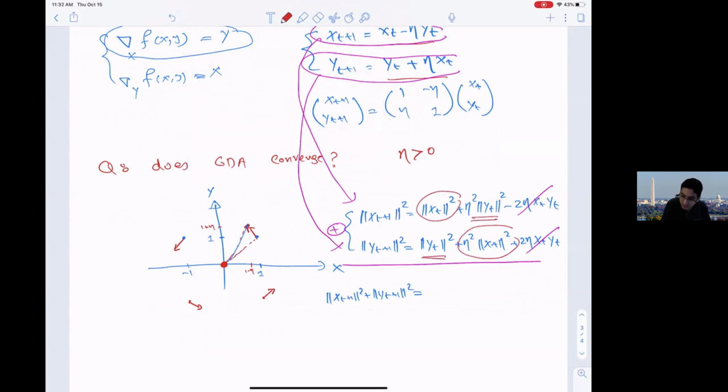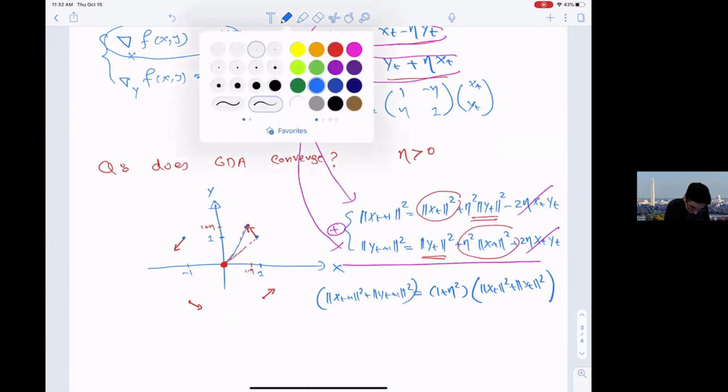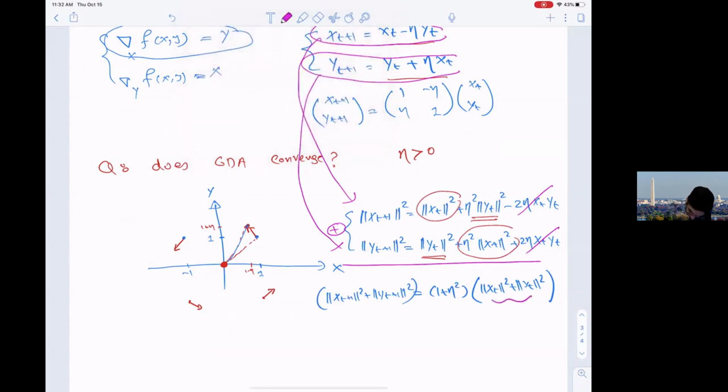I have 1 plus eta squared times y_t squared. So altogether, I have 1 plus eta squared times x_t squared plus y_t squared. Right? So this is basically L1 here. This is the length of this segment, and this is L2 after one update.